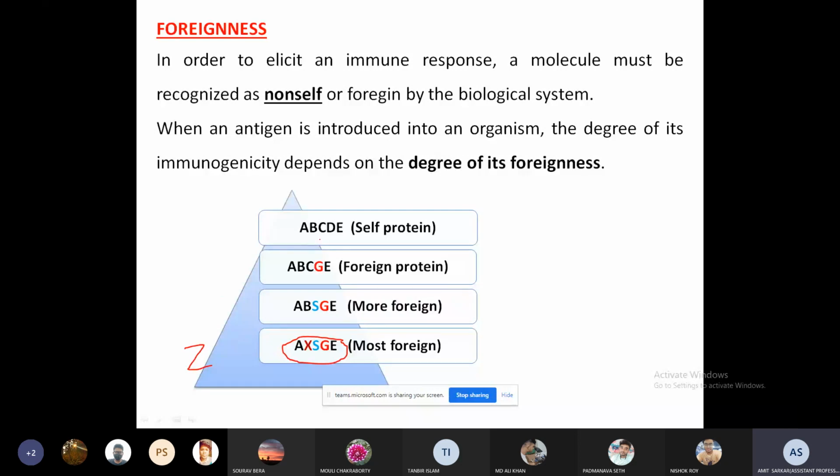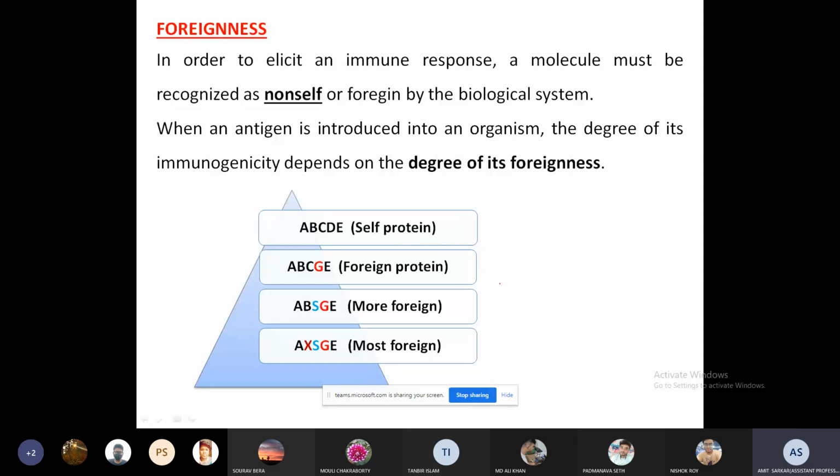They try to reach this place, at least this. Here they have replaced their XS with a BC. So they only have one difficulty over here. Now they have a fair chance to survive. They can cheat our immune system. They can escape recognition by our immune system. Microorganisms always take that type of strategy to escape the defense system.